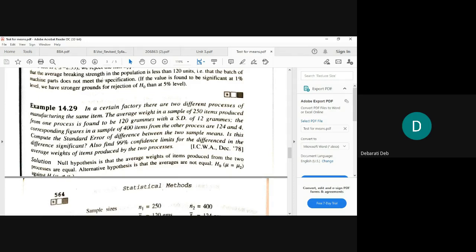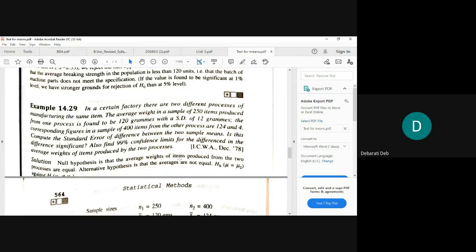Then we are supposed to compute the standard error of difference between the two sample means, that is SE. Is this difference significant? This line says that we have to test. Also find 99% confidence limits for the difference in the average weight of items produced by the two processes.